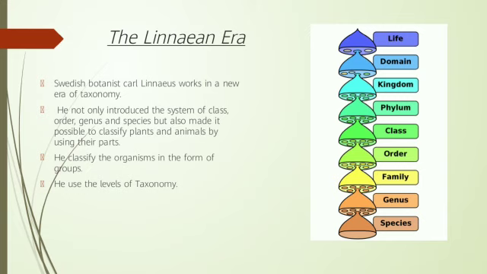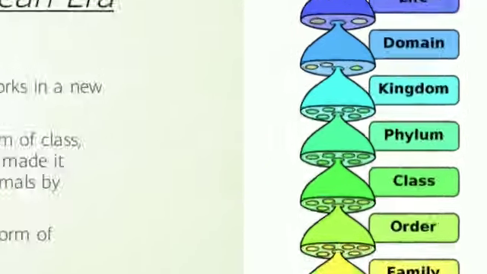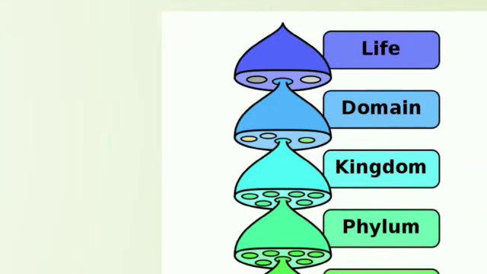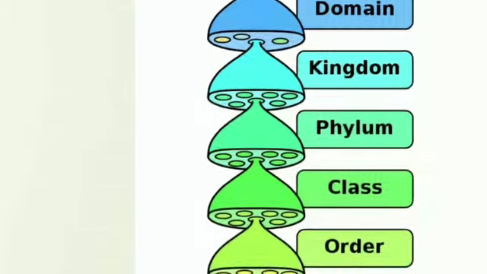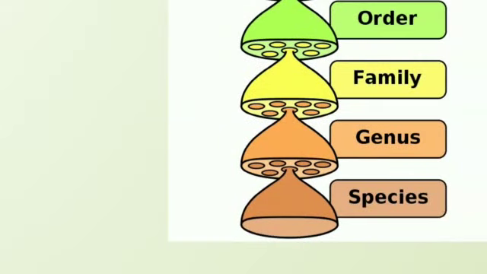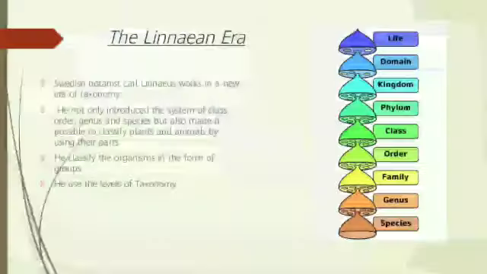He described the organisms in different major groups, and we discussed the levels of taxonomy in my first 3 slides. Now again I am telling you the levels of taxonomy: firstly life, then domain, kingdom, phylum, class, order, family, genus, and then species. So these are the levels of taxonomy.